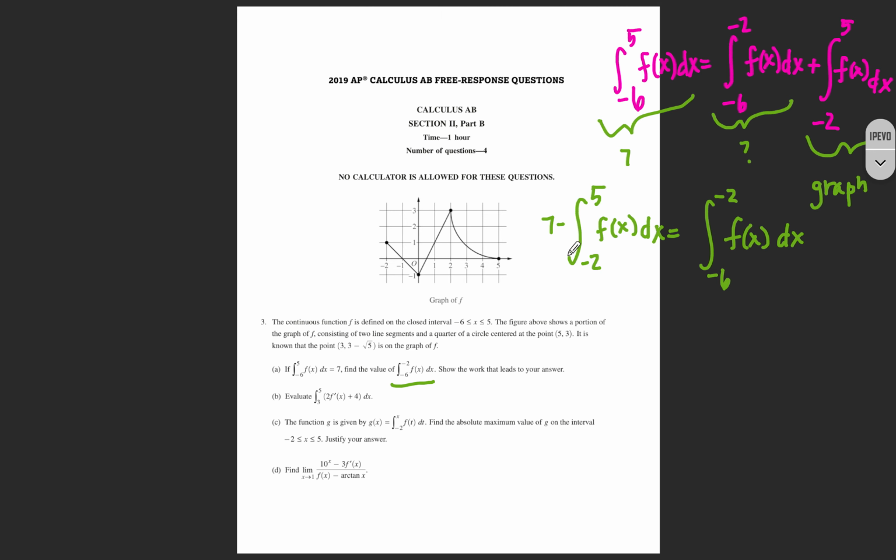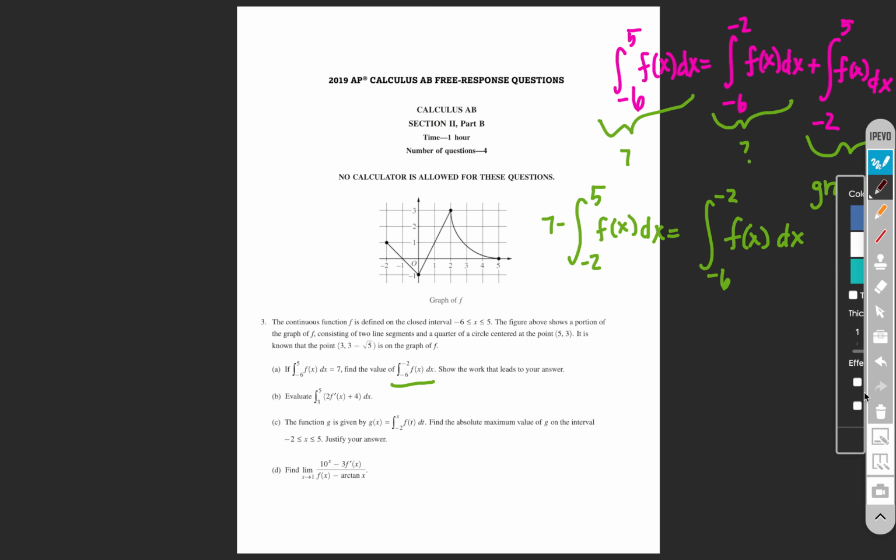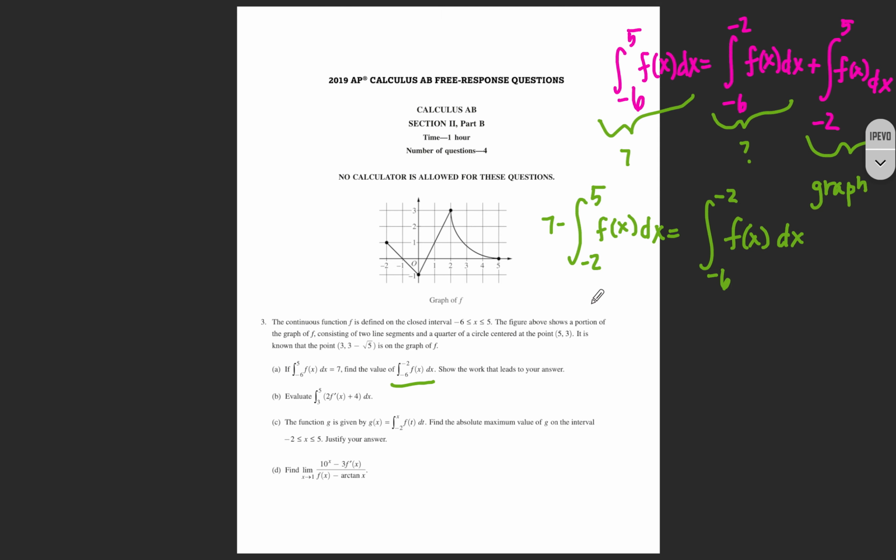So that's where we need to do some thinking and break apart this picture to figure out the integral. Remember, an integral represents area under the curve. So let us shade in the area that this integral is going to represent. We've got this line segment, area under the curve here, that red piece.